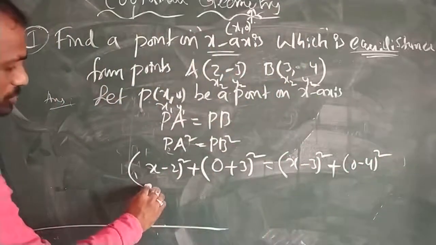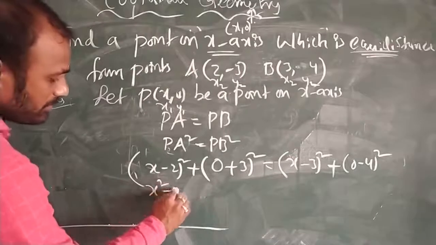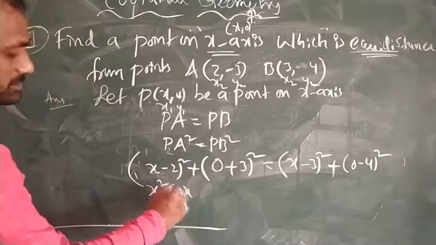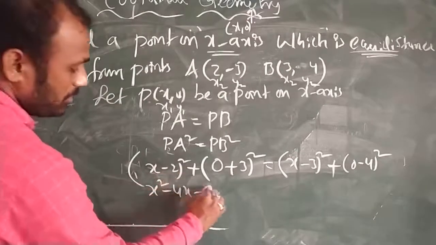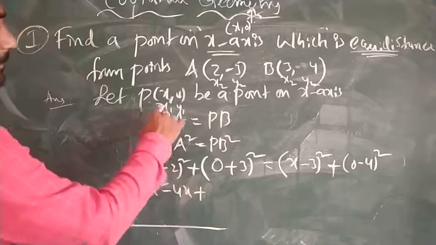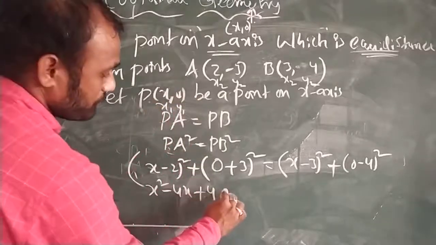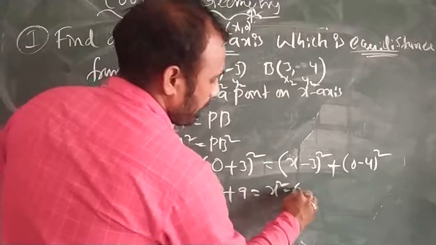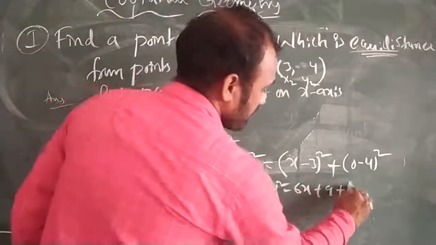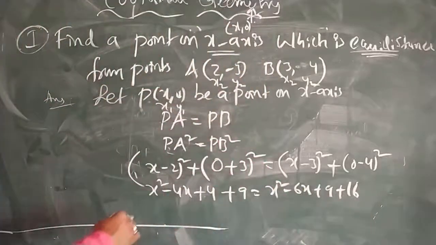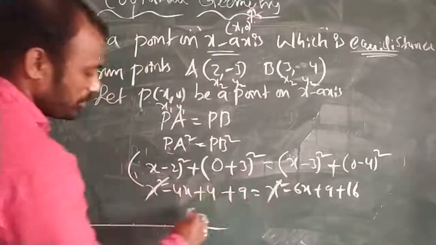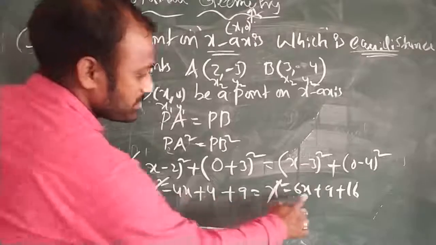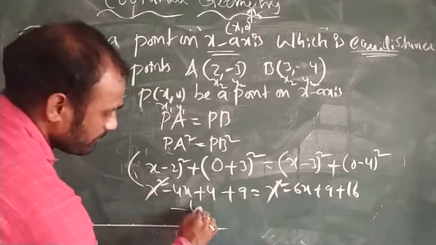So (x minus 2) whole squared can be written as x squared minus 4x plus 4, plus 9, equals x squared minus 6x plus 9 plus 16. So x squared gets cancelled on both sides.